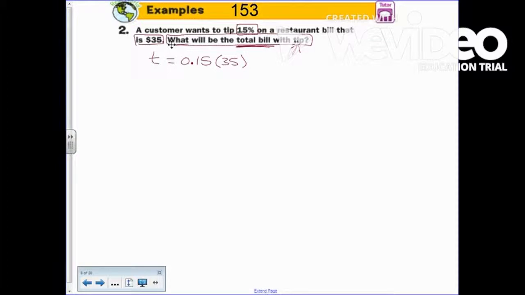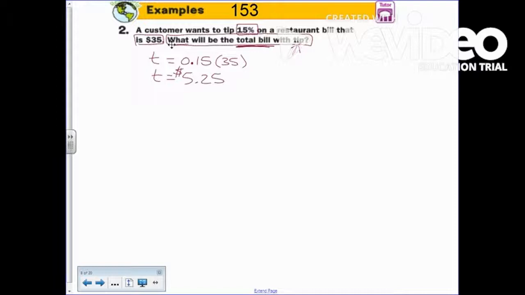So I take 0.15 and I multiply it times 35, and that gives me 5.25. That is a tip of $5.25.